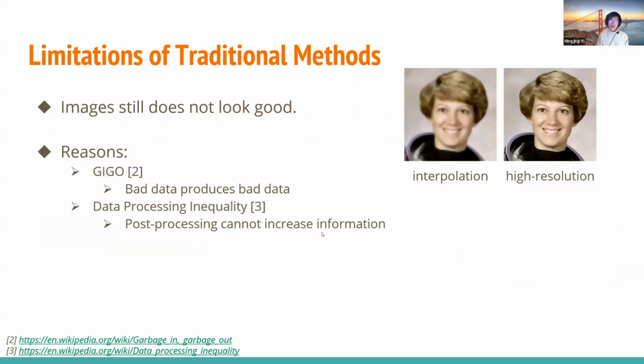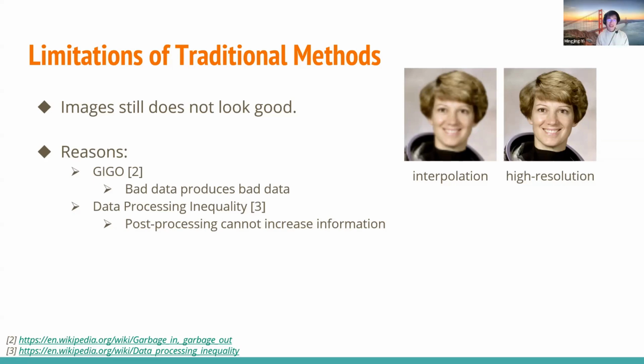There are, of course, a lot of limitations to this method, because you can see that compared to the ground truth, the image processed by interpolation is not that clear and is actually blurred in some ways. There are two reasons. The first one is the garbage in, garbage out principle that we learned from class: bad data produces bad data. We use this low resolution image as input, so of course we cannot produce very high quality images.